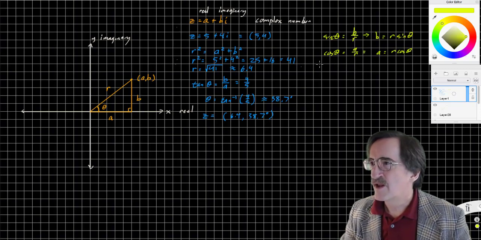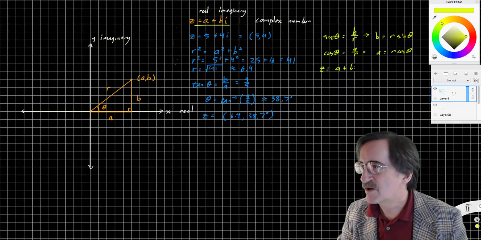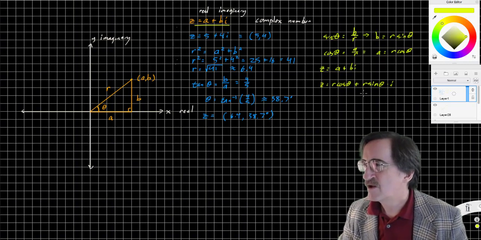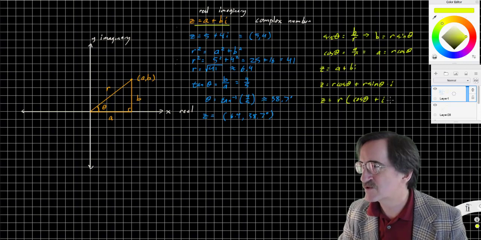Okay. And now z becomes a plus bi, which is r cosine theta plus r sine theta times i. Factor out an r, and we get r times cosine theta plus i sine theta. We like to write the i before the sine, so we know it's not part of the argument for the sine function.